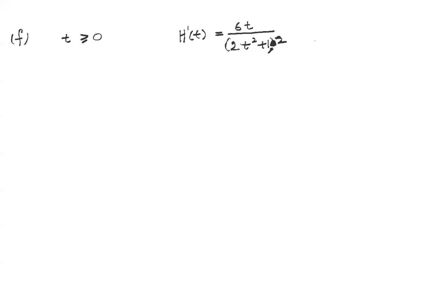Okay, all right. So we have to talk about two parts. The first part is the top. If t is greater than 0, what happens to 60? Definitely greater than or equal to 0. Then we talk about the bottom part.